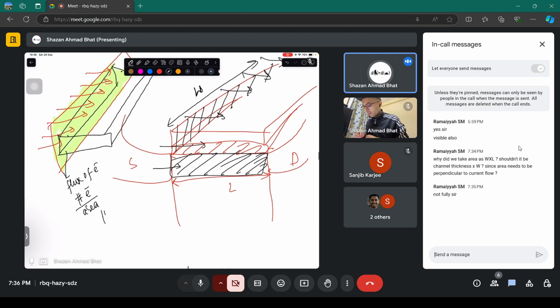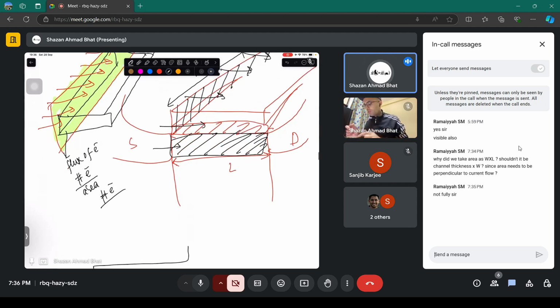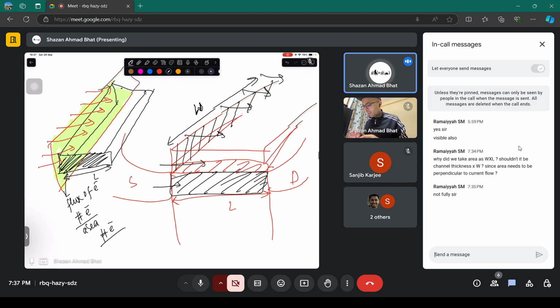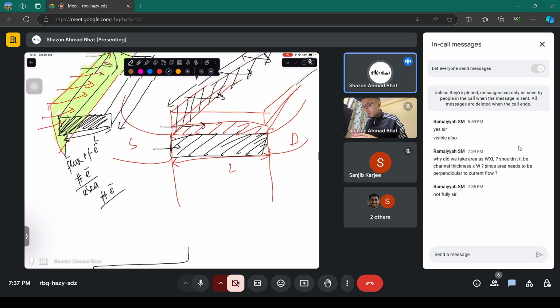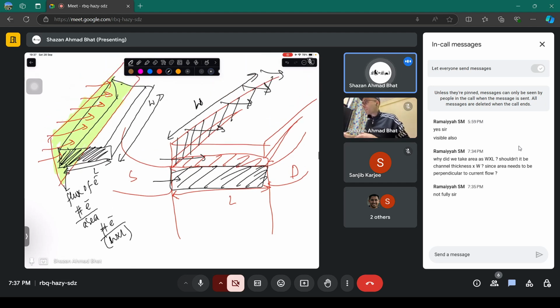What will be that? That will be the number of electrons divided by what area? The width of it into the length. This is the length, and this is the width. That will be W into L, simply the flux of these electrons.